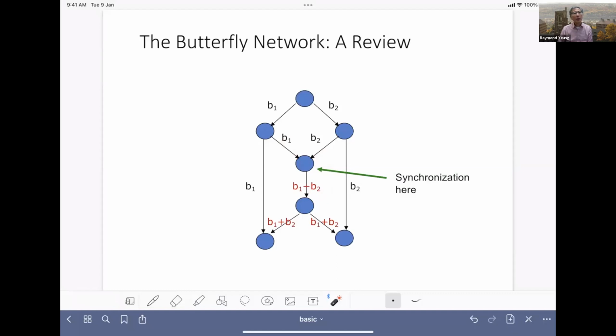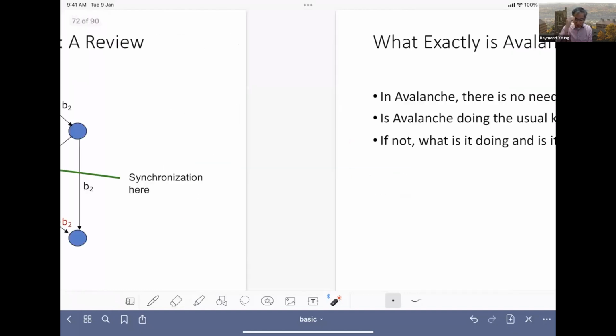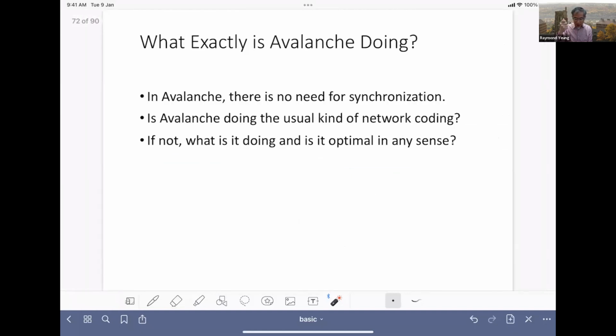But in the Avalanche system, you don't seem to have to do it. When you are requested to transmit something, you just take a linear combination of whatever you have in your possession, and then you transmit. You don't have to wait for anything. So the curious thing is, what exactly is Avalanche doing? Is it doing the usual kind of network coding, or is it doing something else?